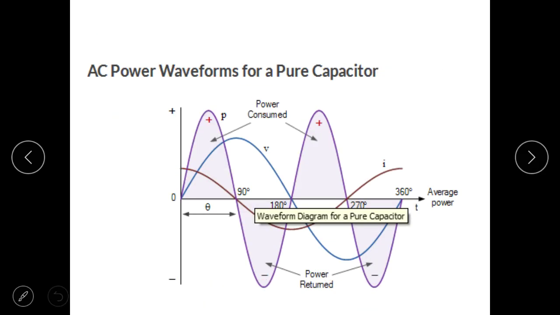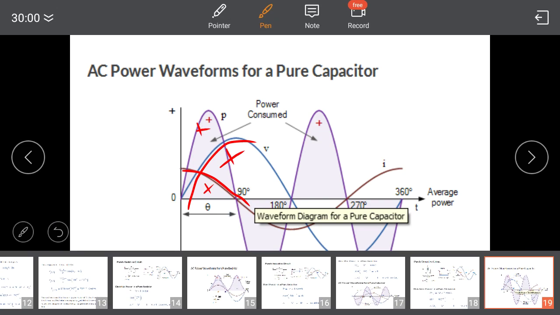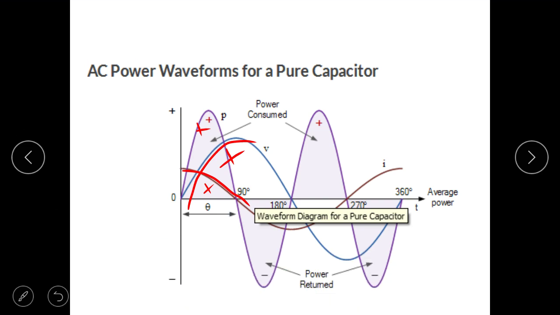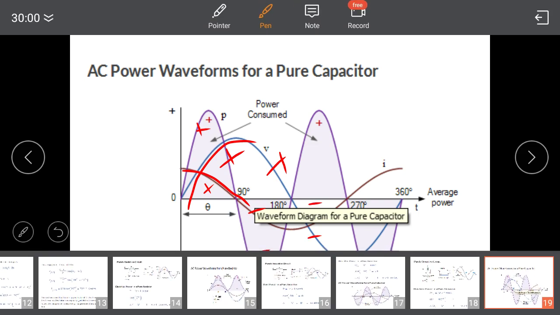Now in this waveform, current is leading, voltage is lagging. So power P is equal to the product of V into I. If V is positive, I is positive, power P is positive. Similarly, here I is negative, V is positive, so power P is equal to VI, that is negative. Similarly, here both V and I are negative, so P is positive.